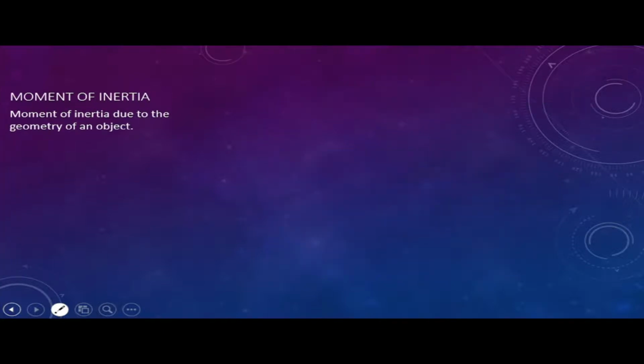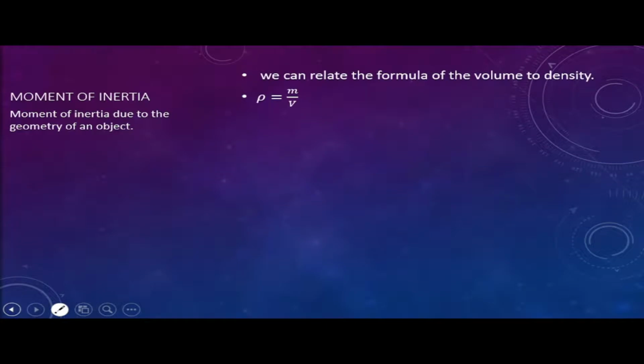And we can relate the volume to density using the formula that we have here. The density is equivalent to mass over the entire volume.